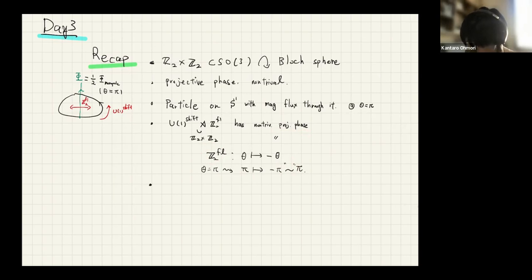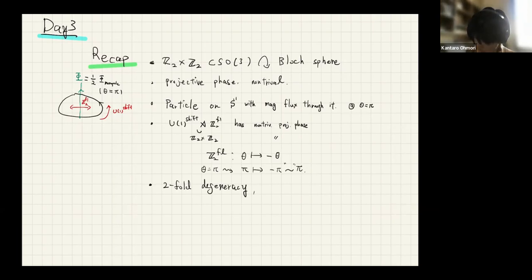And therefore there is a twofold degeneracy in the energy spectrum. At theta equals pi, every energy eigenstate has twofold degeneracy.